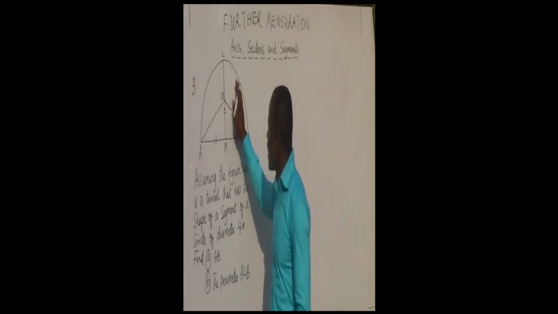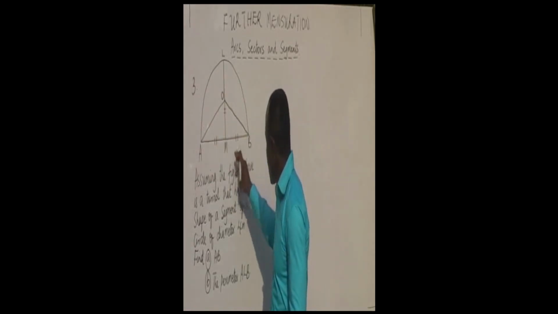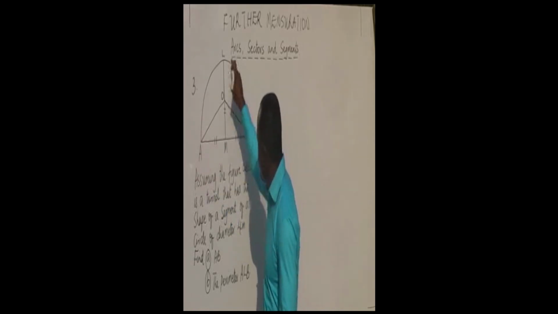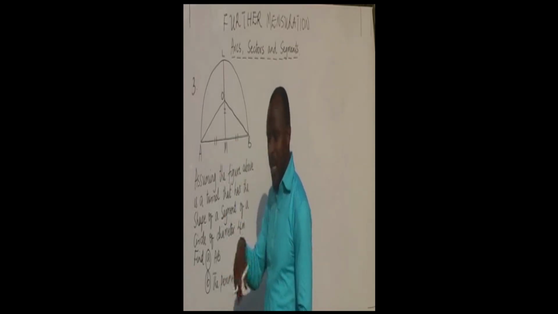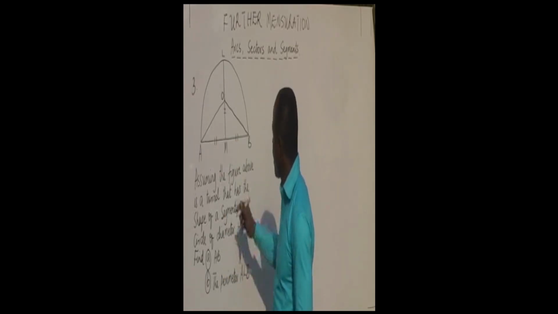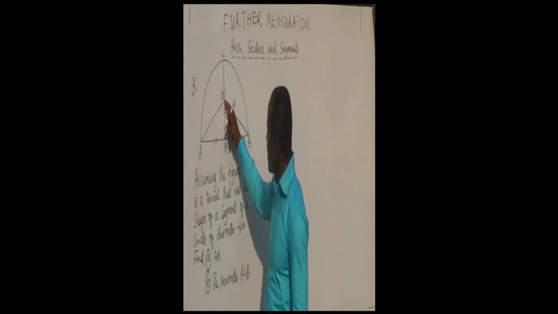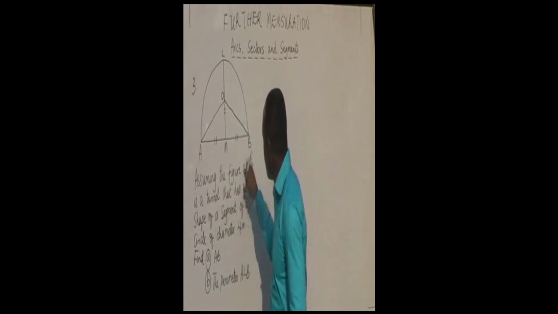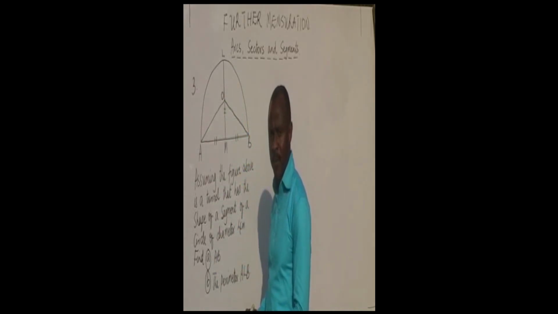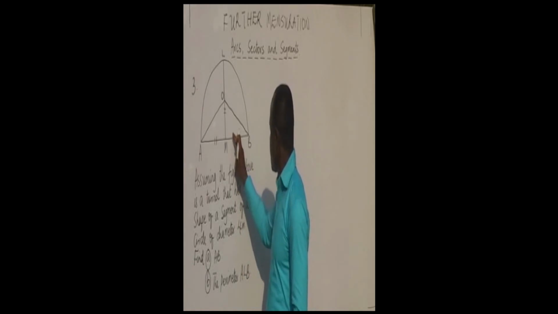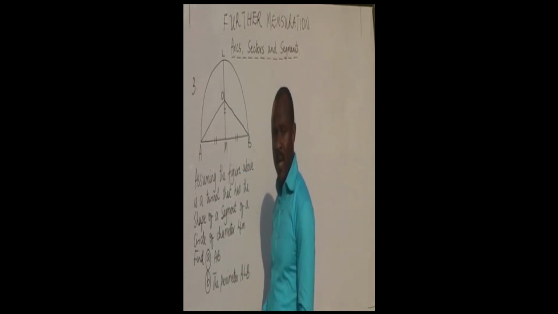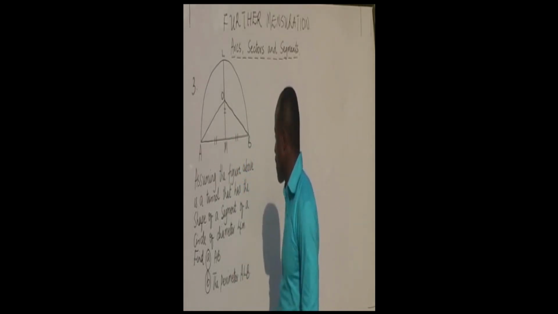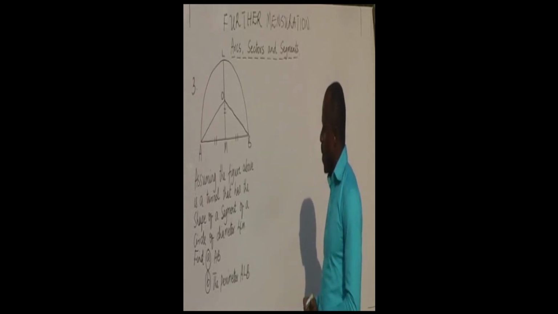So take this as if it is a tunnel, but the ground here cuts off what is supposed to be the round shape of the tunnel. This O here signifies that this place is the center of the supposed circle. These two bars on these sides mean that this side is equal to this side. With this information in mind, let's go.